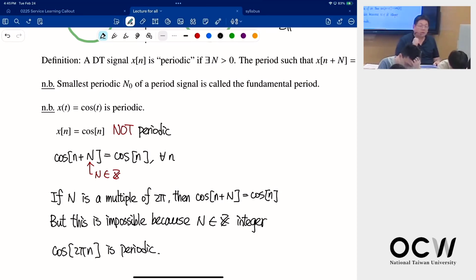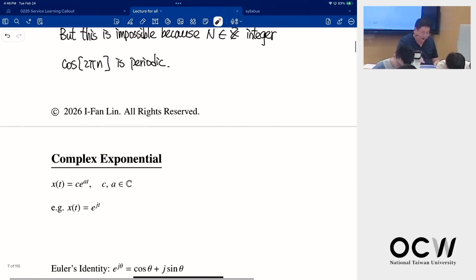Next, we also need to talk about signals with complex numbers, like a complex exponential. We will also use that later. So what is the complex exponential? If I have a signal c times e to the at, the constants c and a, or we say the parameters, are complex numbers.